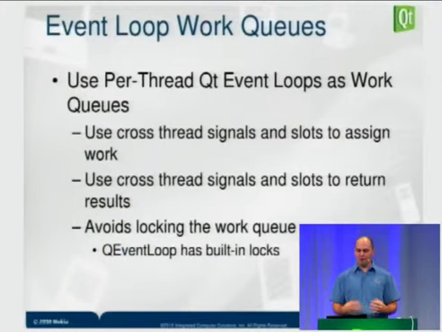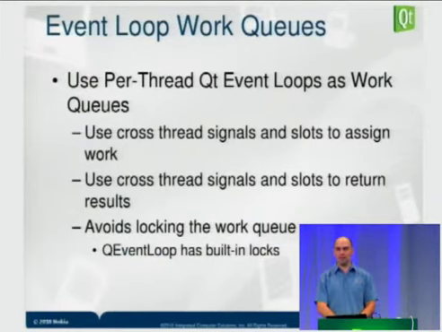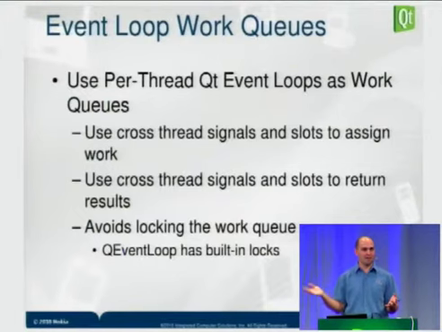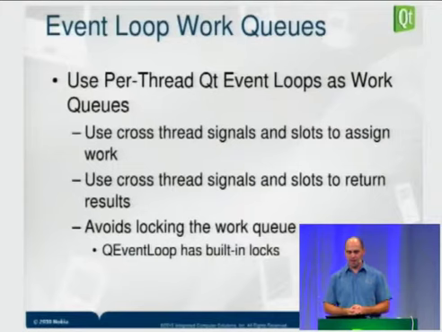And Qt offers us cross-thread signals and slots, where instead of a signal immediately executing a slot, a signal connected to an object in another thread will create an event and post that event to the other thread's event loop. That event simply calls invokeMethod at some time later. It says, just run this function with these parameters. And likewise, you can have signals and slots come back.